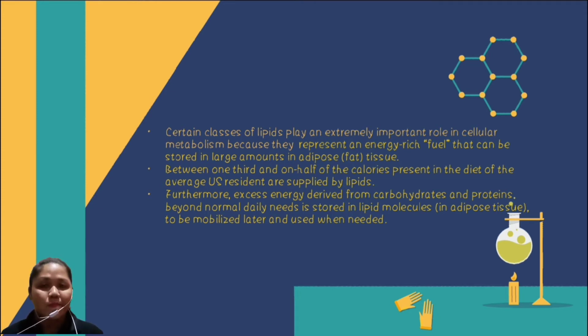Furthermore, excess energy derived from carbohydrates and proteins beyond normal daily needs is stored in lipid molecules in adipose tissue, to be mobilized later and used when needed. So excess energy is stored inside adipose tissue so the body can use it whenever it's needed.